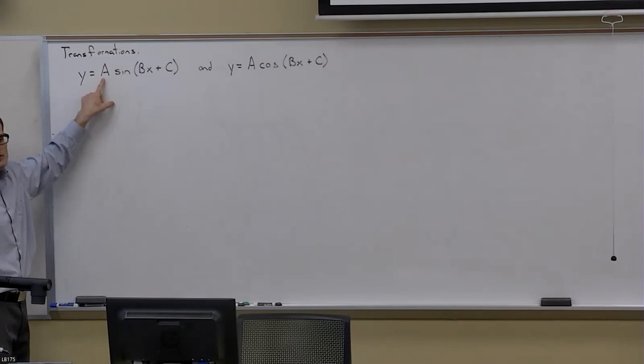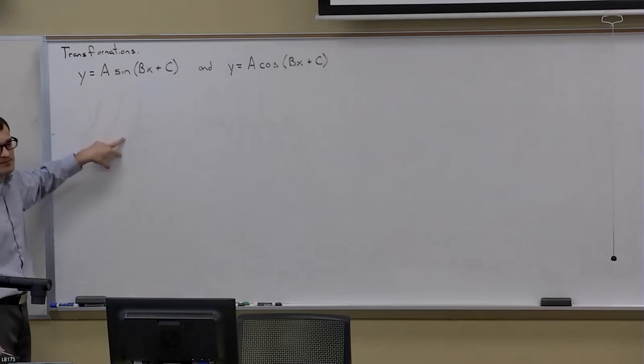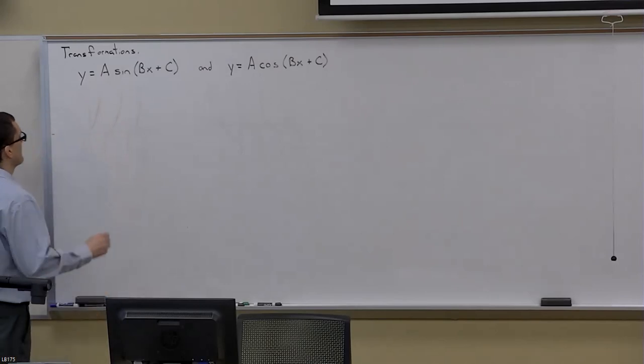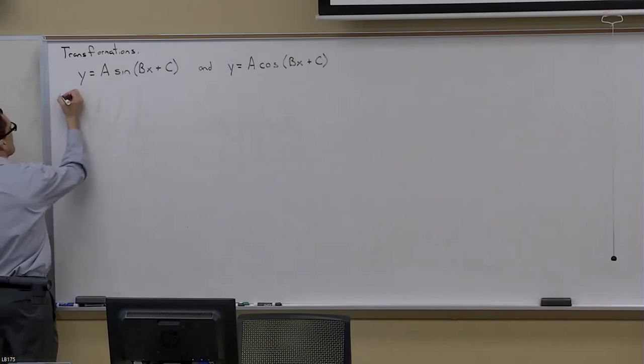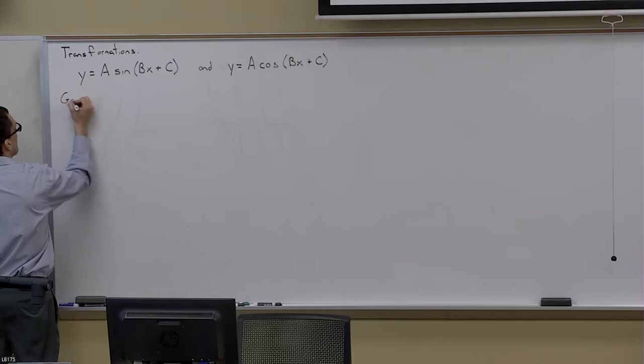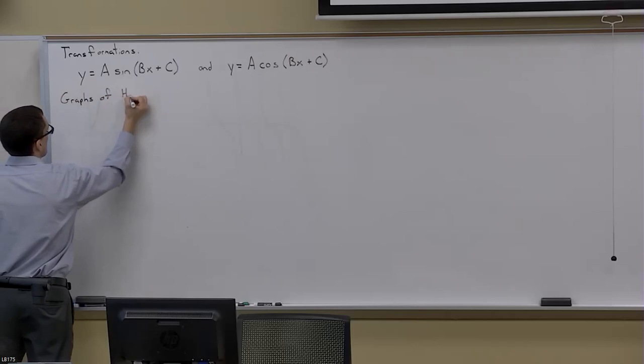Now, we kind of saw earlier on that if I put a number in front, it vertically stretches or vertically shrinks depending on what the number is. If the number is positive, it stretches or shrinks. If it's negative, it also flips the whole thing, right? We actually have a name for that in harmonic motion. So these are graphs of harmonic motion.